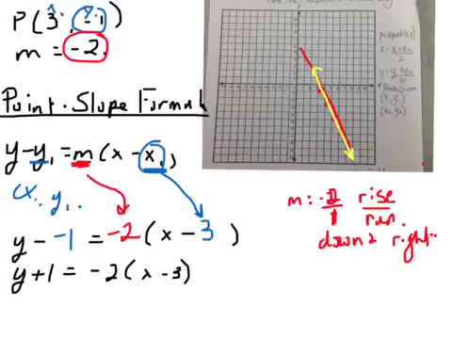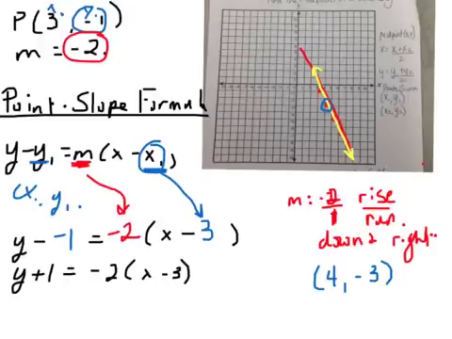Now if I want some more points on it, I could plug an x in and find a y that goes with it, or I could just look at my graph and tell where some points are. We graphed (3, -1), and then we went down 2 over 1, and we got to the point (4, -3). I can just pick them off the graph, and hopefully that's easier for you with pencils.